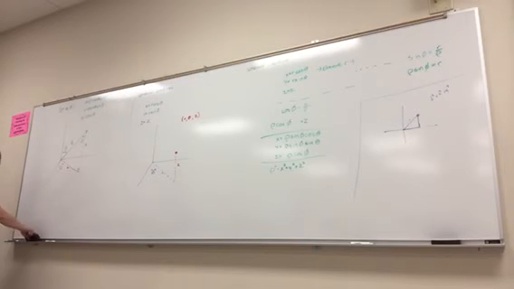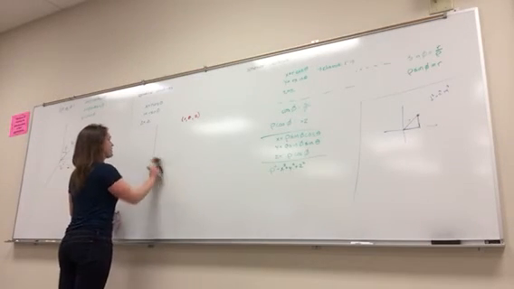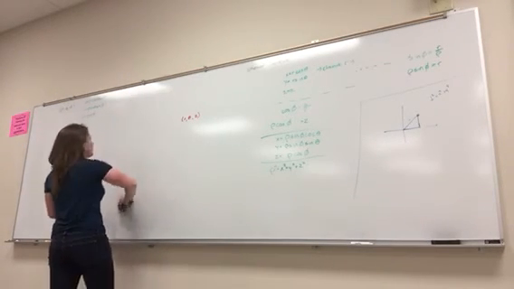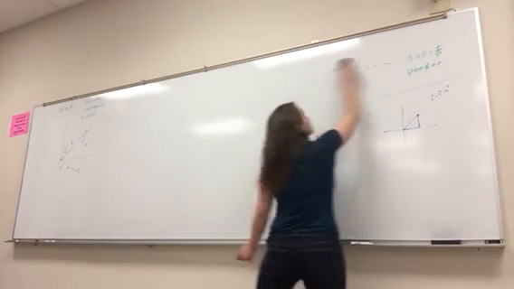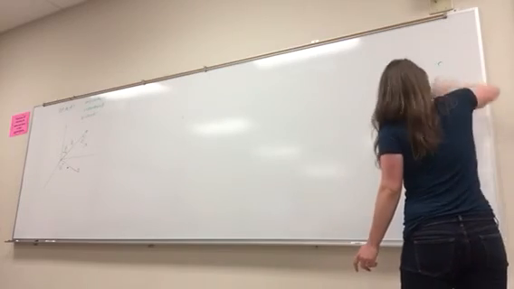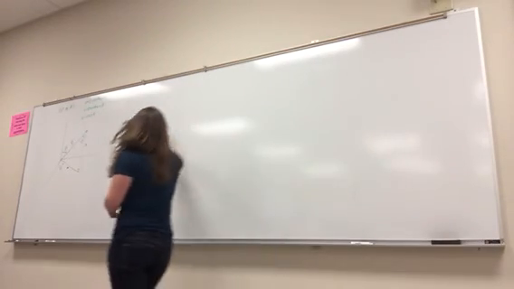Then what we're going to do first off is look at an example where we take some spherical coordinates and convert them to rectangular, just so we can get an idea of what these actually look like.